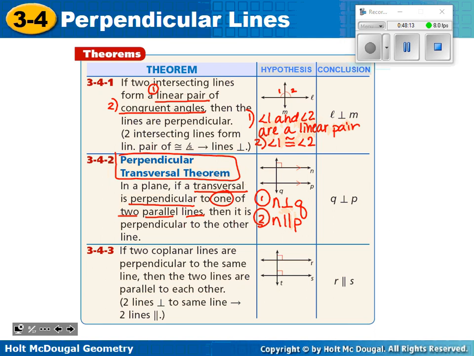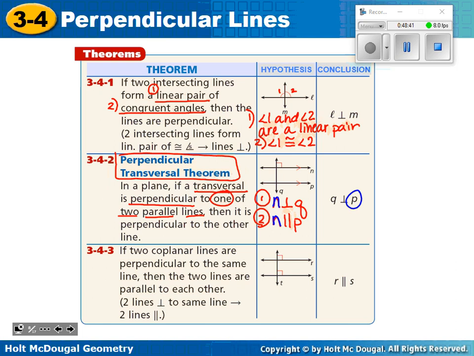You have to have two parallel lines where one of them is perpendicular to the transversal. The other parallel line then, P, will also be perpendicular to the transversal. That's why it's called the perpendicular transversal theorem. So again, if you want to draw a picture back here on the back of your notes, you're going to have two parallel lines.